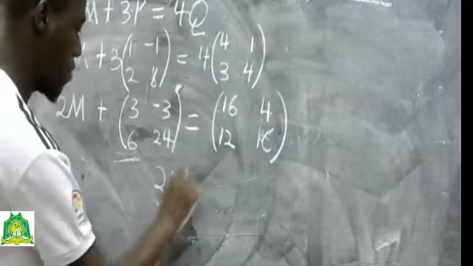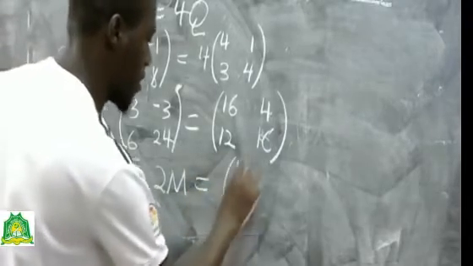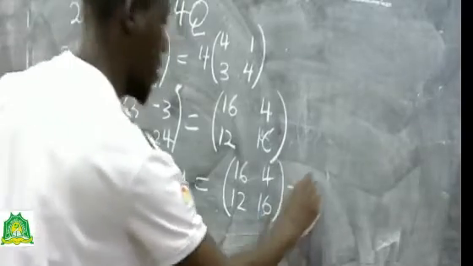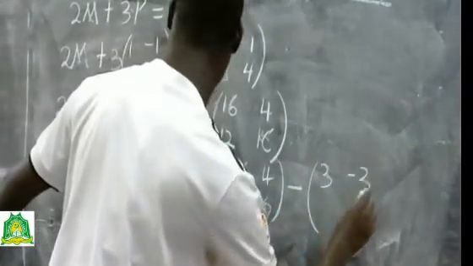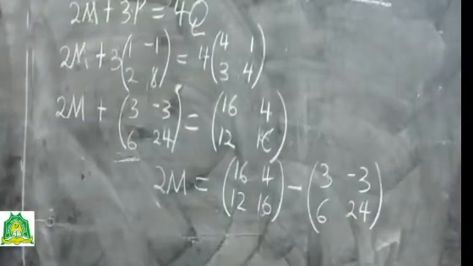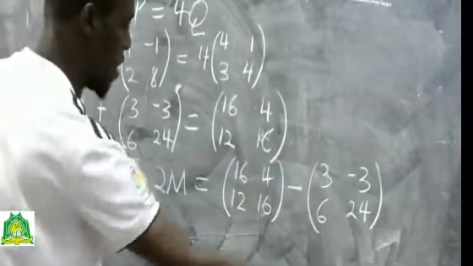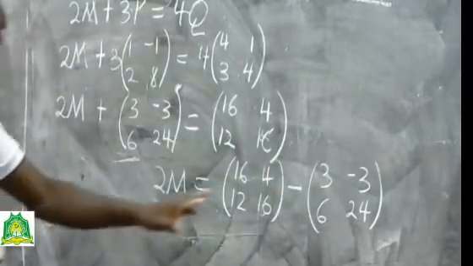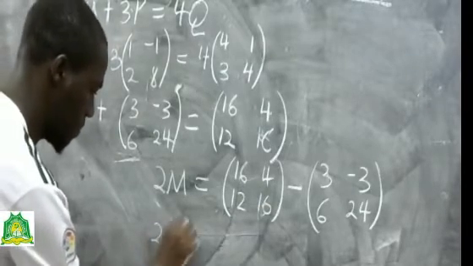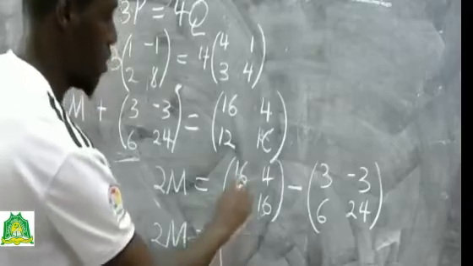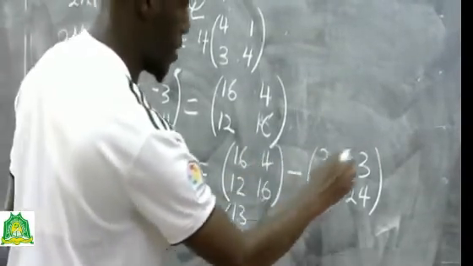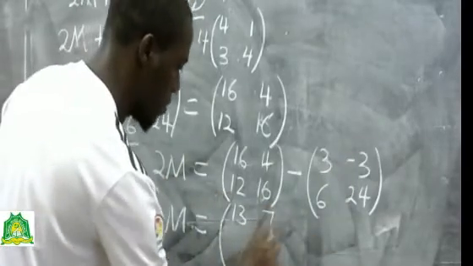So my 2M now is going to be equal to 16, 4, 12, 16, then minus 3, negative 3, 6, 24. So 2M is equal to 16 minus 3, that's going to be 13. 4 minus negative 3 is 7.